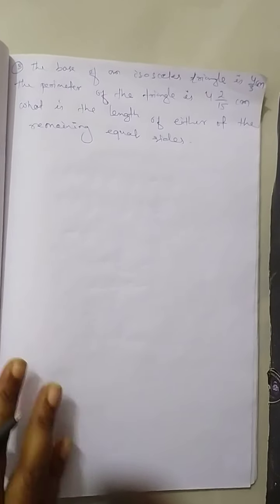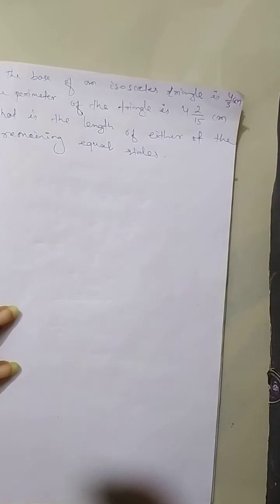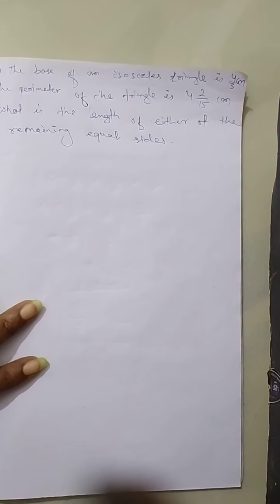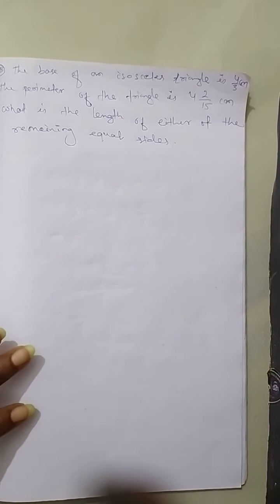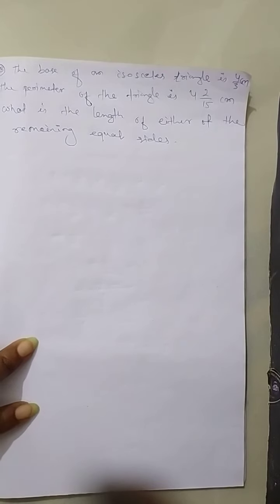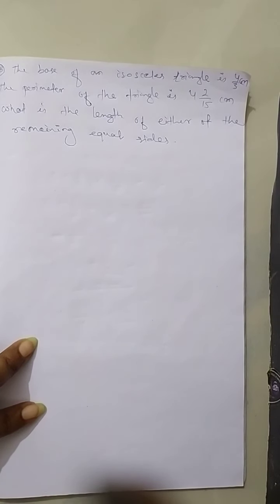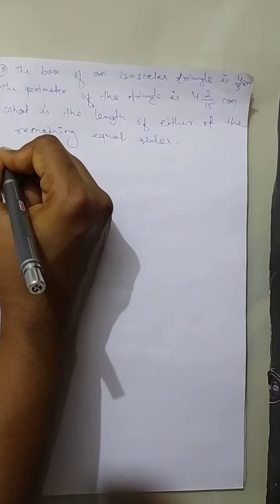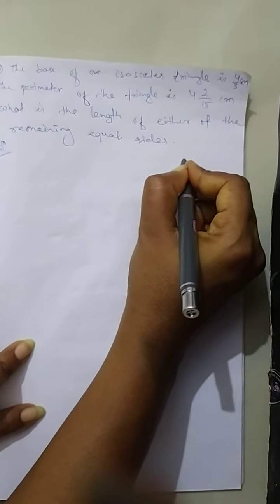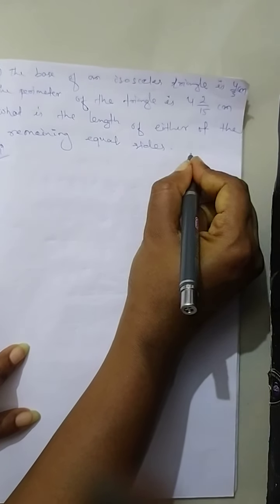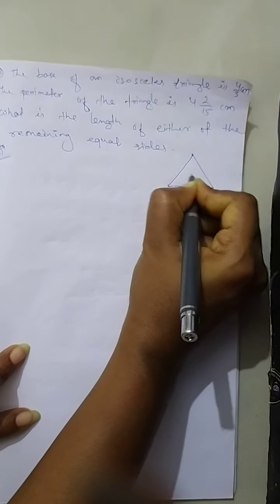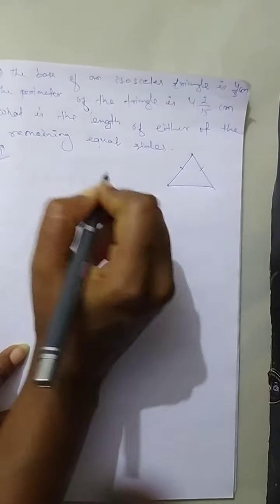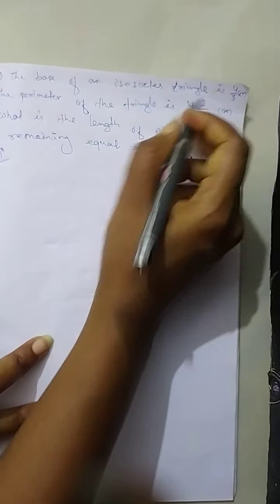Third question: the base of an isosceles triangle is 4 by 3 centimeter. The perimeter of the triangle is 4 whole 2 by 15 centimeter. What is the length of each of the remaining equal sides? We have an isosceles triangle, which means two sides are the same length and the base is 4 by 3.